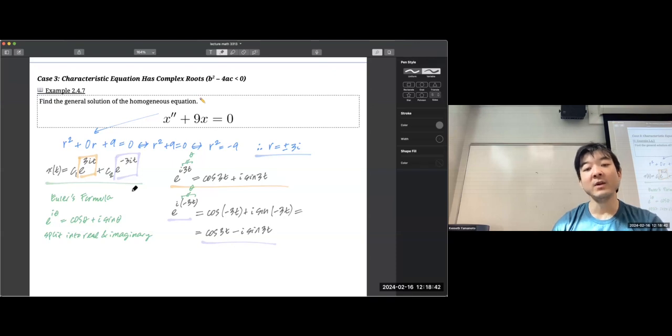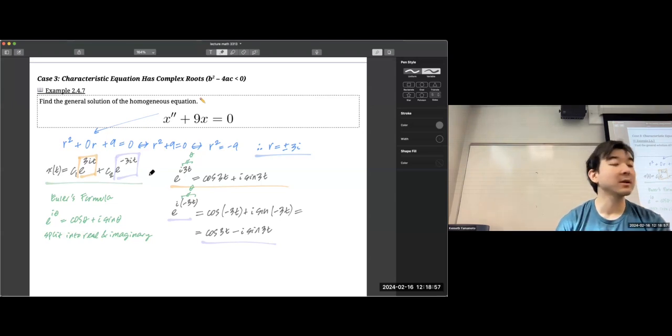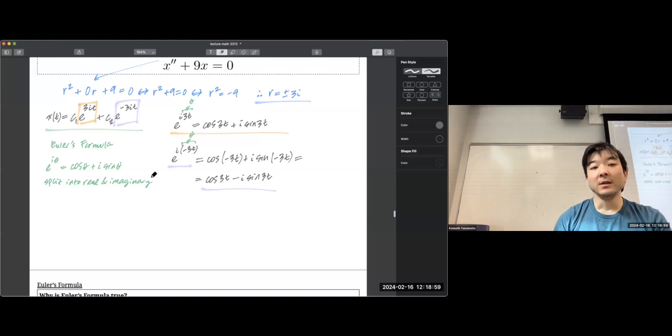So we've now used Euler's formula, and then used even and odd properties of cosine and sine to write each of these two complex exponentials into trig form, split into real and imaginary parts. So let's use these versions.